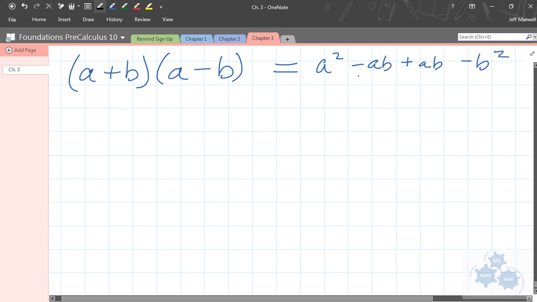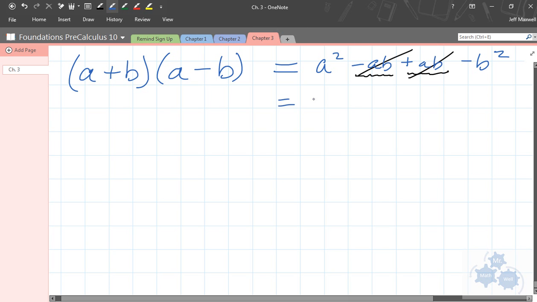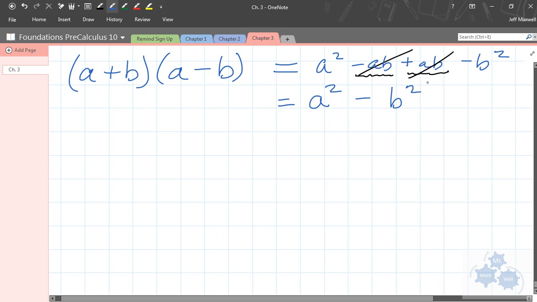If you were gathering like terms here, the ab and the negative ab would cancel each other out. And so really what you're left with here is a squared minus b squared. So this right here is our second special polynomial.